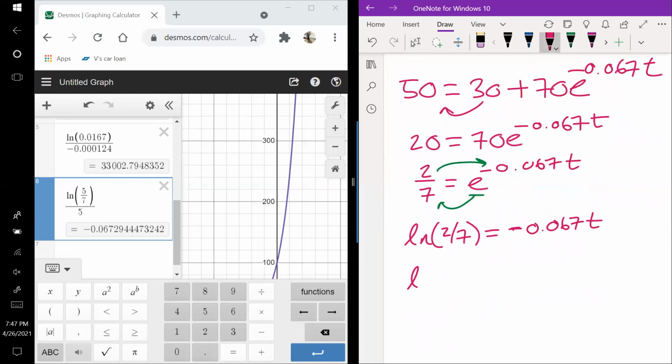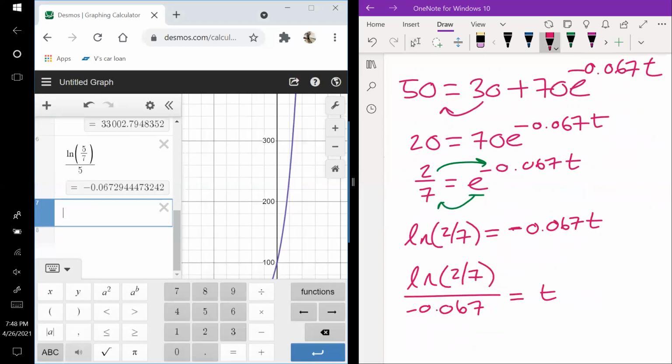Divide by that: natural log of 2/7 over negative 0.067 equals t, and calculate.